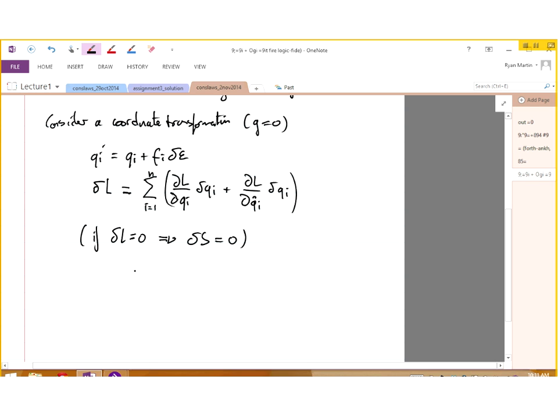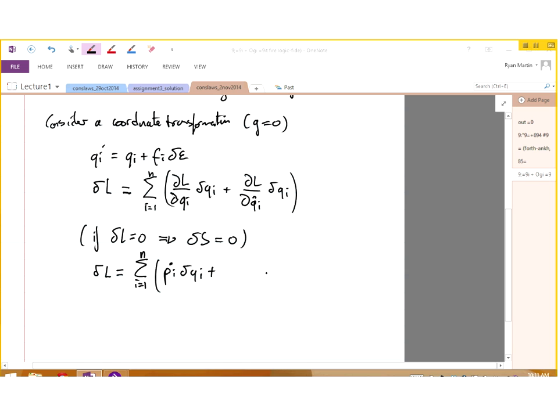So let me rewrite delta L. Sum of i equals 1 to n. So the ∂L/∂Qi, remember, we can write that as pi dot. So here we have pi dot delta Qi plus, remember, the ∂L/∂Qi dot we can write as pi.